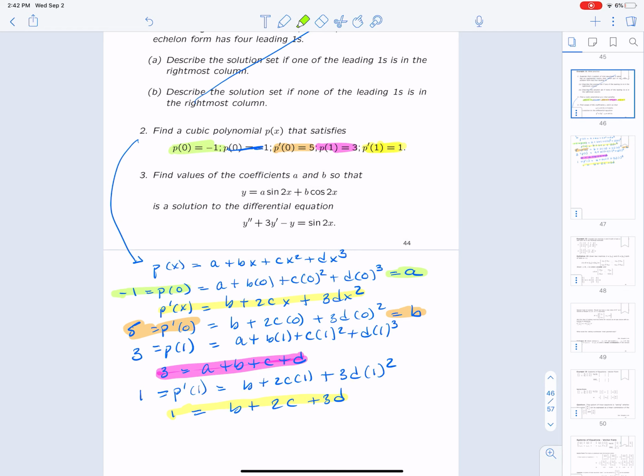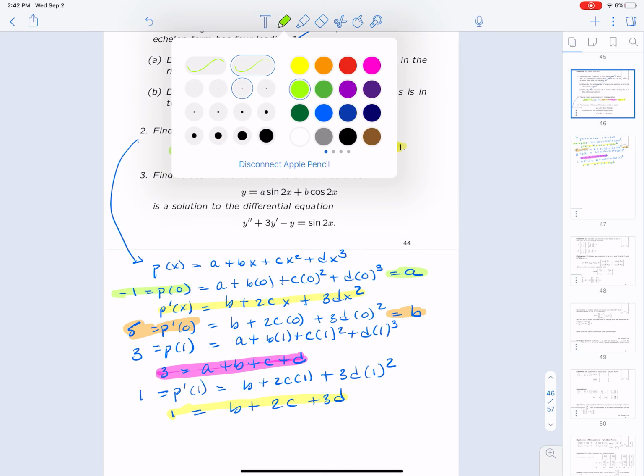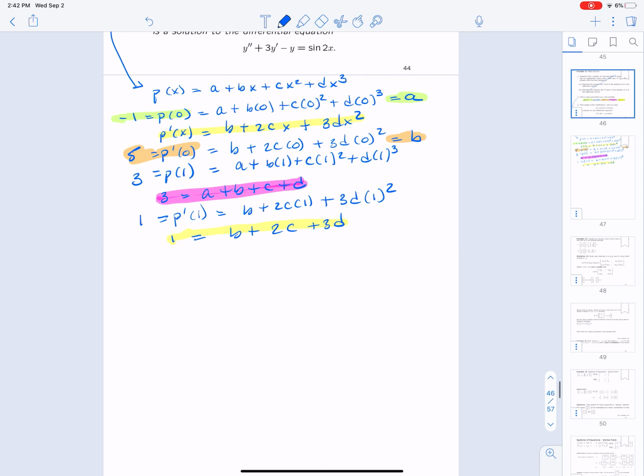So now let's pull all those equations together. It looks like we've got 4 of them. So I have a equals minus 1, b equals 5. I've got a plus b plus c plus d equals 3.